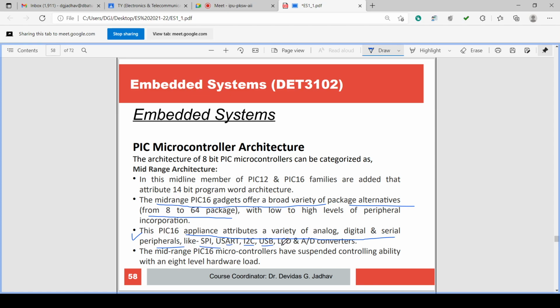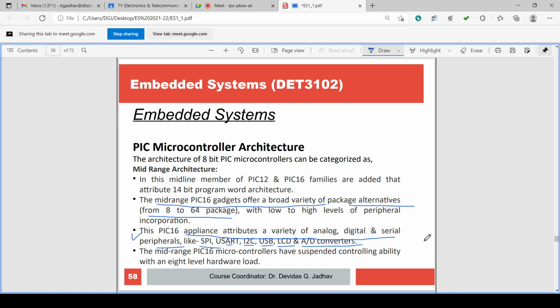So these peripherals, protocols or communication ports can be interfaced. Similarly, LCD and AD converters can also be connected or interfaced.